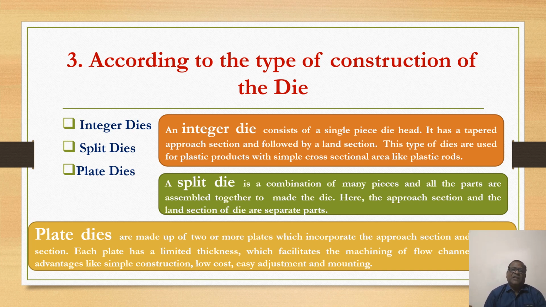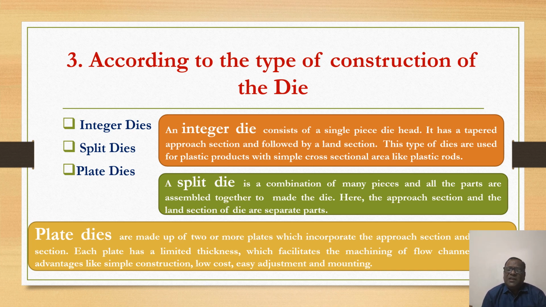Similarly, the length of the land section is generally more compared to your approach section. The entire land section, in place of making a single one, you can make it a combination of so many plates, one after another. You have to connect them with the help of nut and bolt or by any other method of connecting. And finally, they will create your land section.